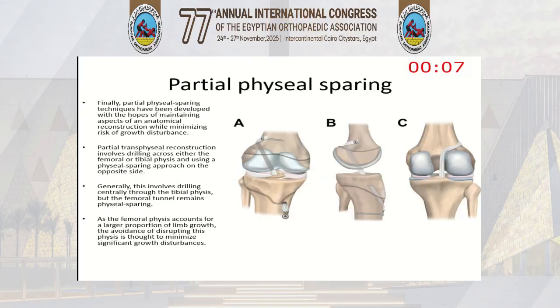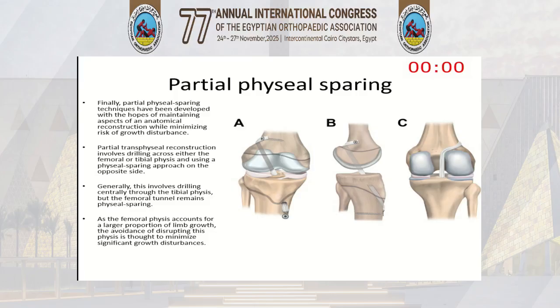Partial physeal sparing techniques have been developed in the hope of maintaining aspects of anatomical reconstruction while minimizing the risk of growth disturbance. Partial transphyseal reconstruction involves drilling across either the femoral or tibial physis and using a physeal sparing technique for the other side.